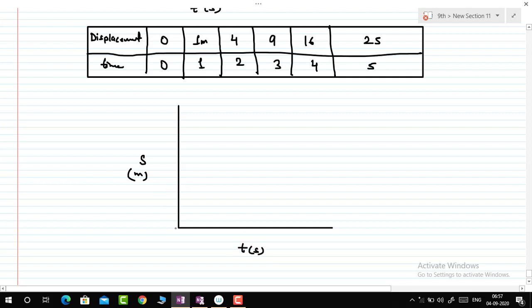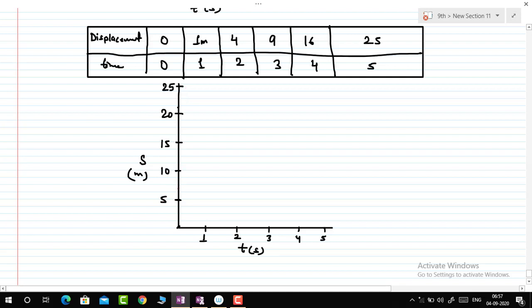So now this is displacement 0, then displacement 5, then displacement 10, and then displacement 15, and then displacement 20, and then displacement 25. And here we are marking time 0, 1 second, 2 second, 3 second, 4 second, and 5 second. Okay, this is 20, this is 15, this is 10, this is 5.